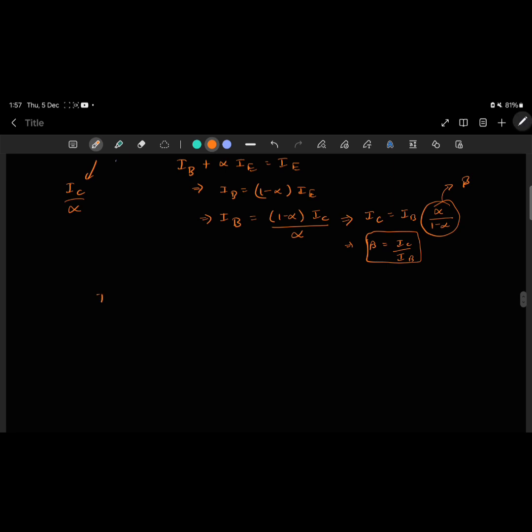Now again, IC plus IB is equal to IE, which was our first equation. This means that IB plus beta IB is equal to IE, like we just discovered. This implies IE is equal to beta plus 1 into IB.